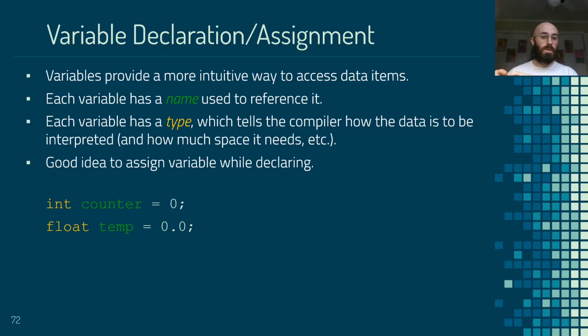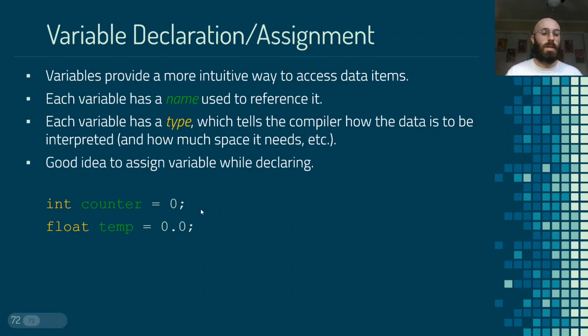So we just do that once to set it all up, and then it's fine. We can change its value at will later on, as long as we're just storing values of that specific type. So I can only store whole numbers in integers, and for float values, I can store decimal values or whole numbers as well. It doesn't really matter. It just allows us to store a little bit more information after the decimal point.